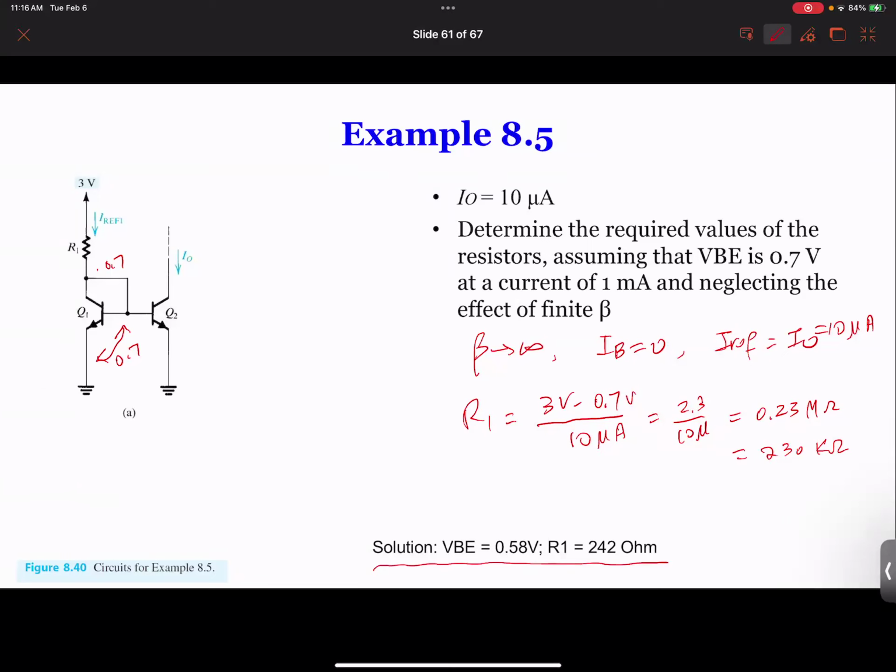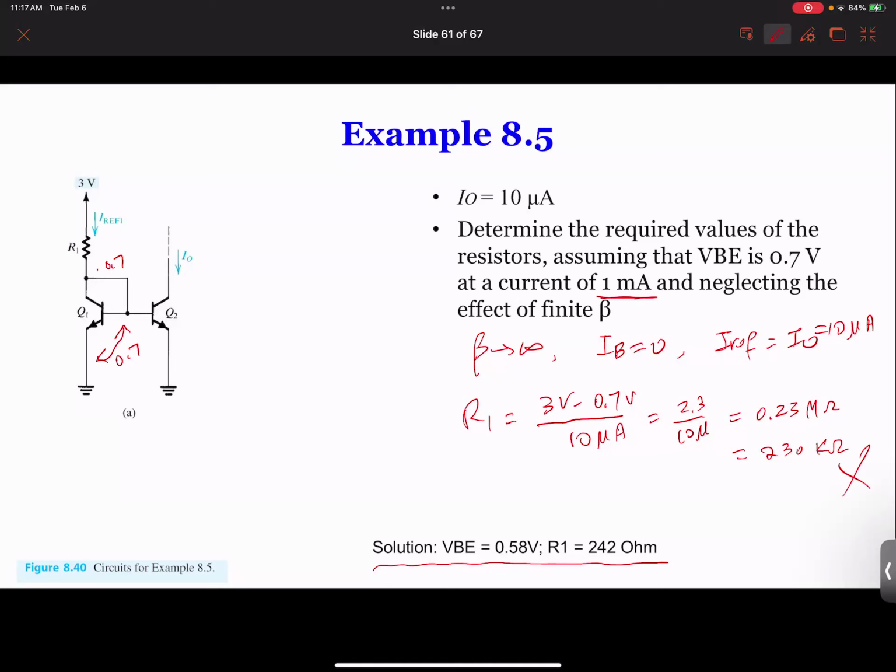The reason is that when the current is so small, the reference current, the VBE is not going to be 0.7. So this is wrong, this is totally wrong.